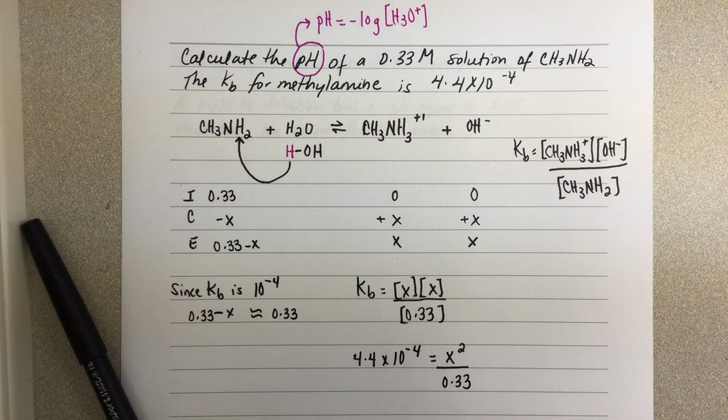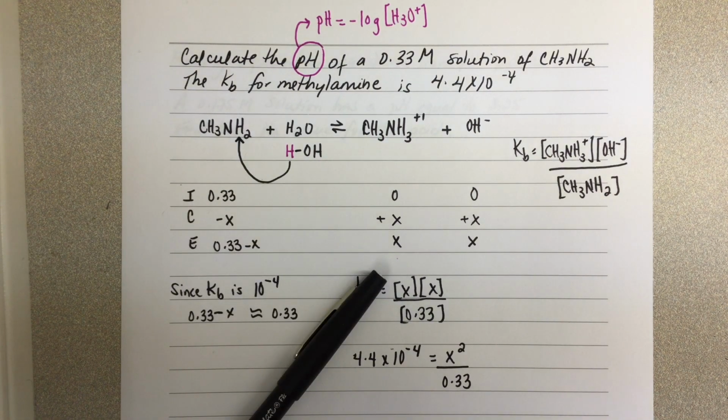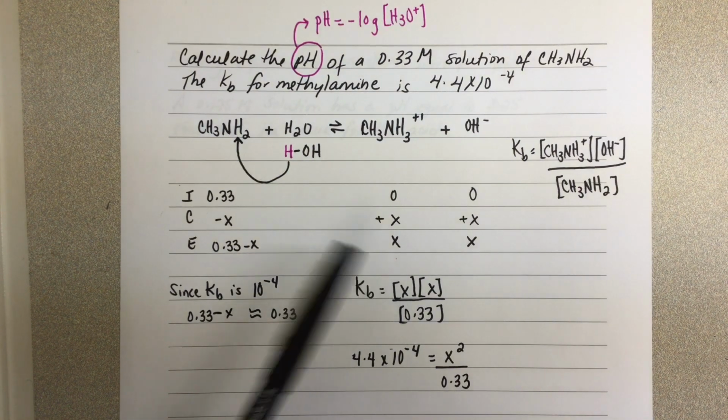So 4.4 times 10 to the minus 4 times 0.33. That's like 1.45 times 10 to the minus 4, and that's X squared. So you need to get the square root of your number.